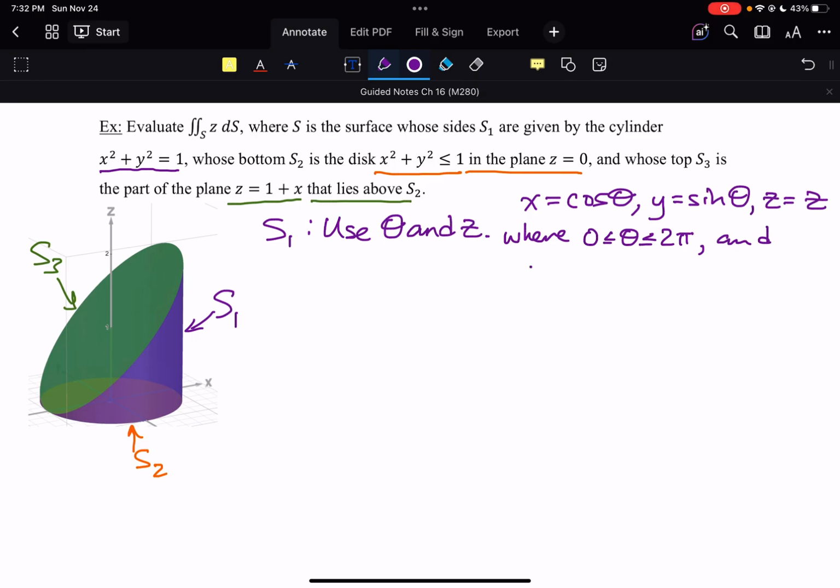And z goes from 0. So you can see the part of the cylinder we're on here. It starts at 0 down in the xy plane, and it goes up until it hits this top surface, which is this plane, the one that's in green. So it's going to stop once it hits the plane 1 plus x.